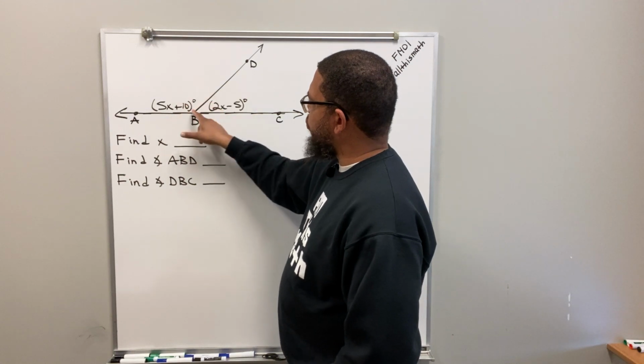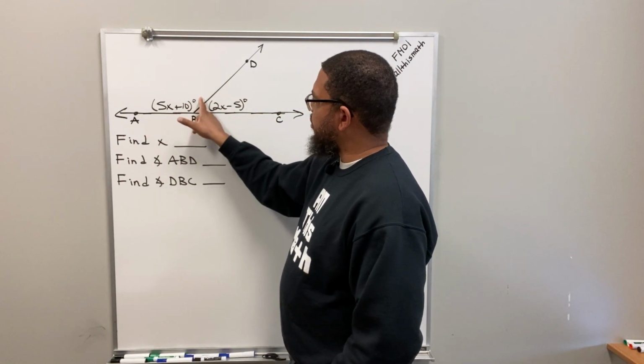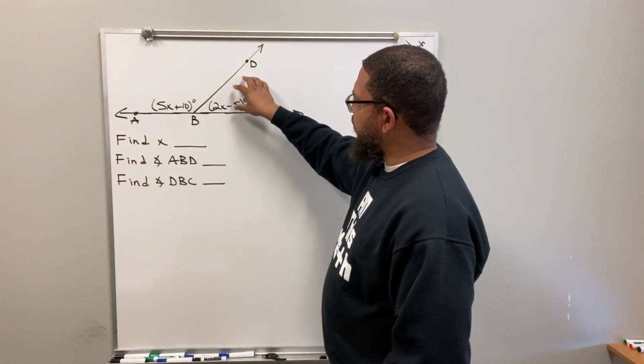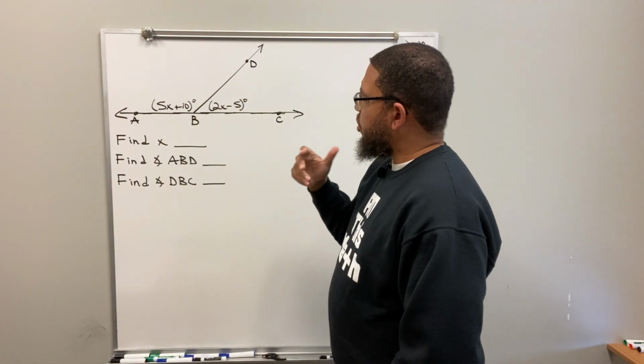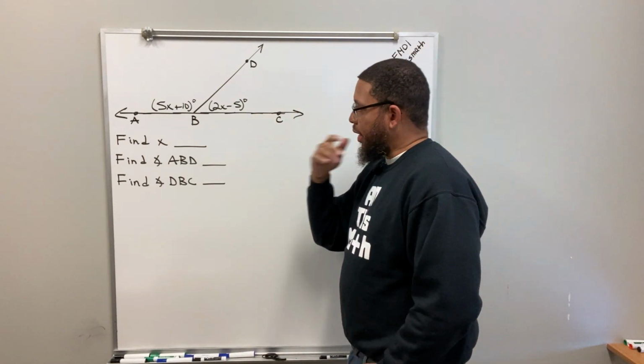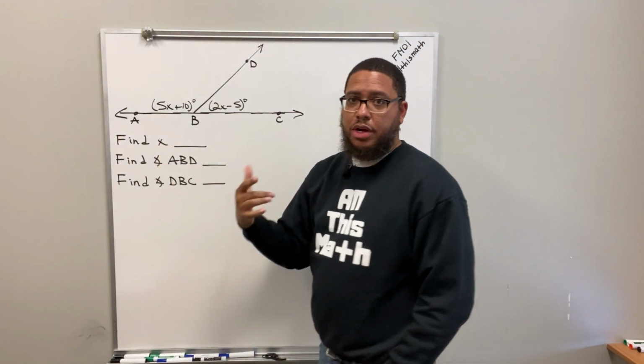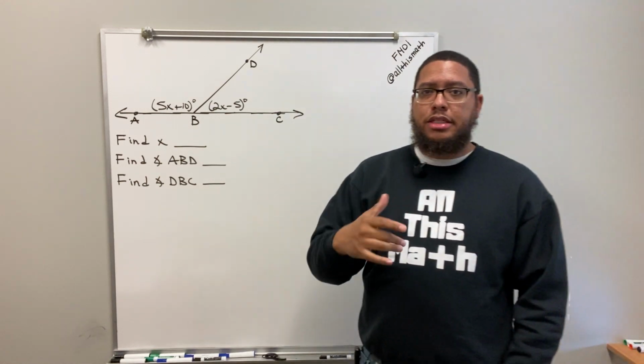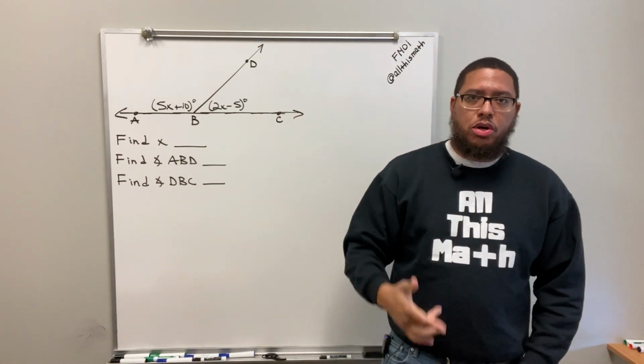But then I have this angle right here, created by these two rays. The space in between these two rays is an angle. And then the space in between these two rays is another angle. So if I want to figure out what x is, and then once I figure out what x is, I can figure out the measurement of each of those angles, I need to think to myself, what rule do I know from geometry?